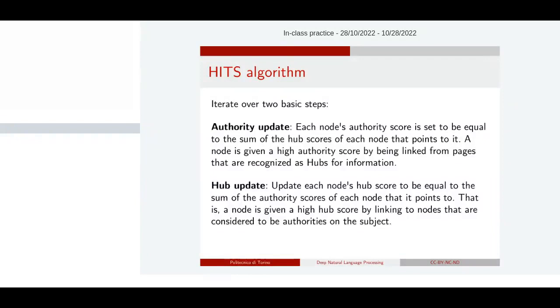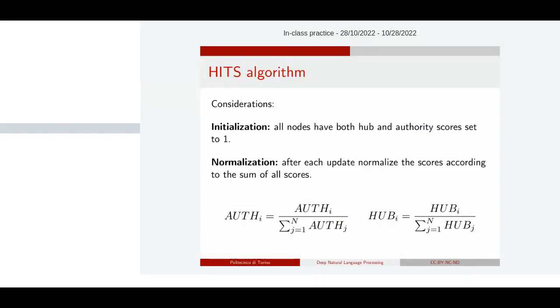If I'm pointed to by important hubs, I am more authoritative. And in the second case, if I am a hub and I point to very authoritative nodes, my hub score will increase. We can see this in a formulation.